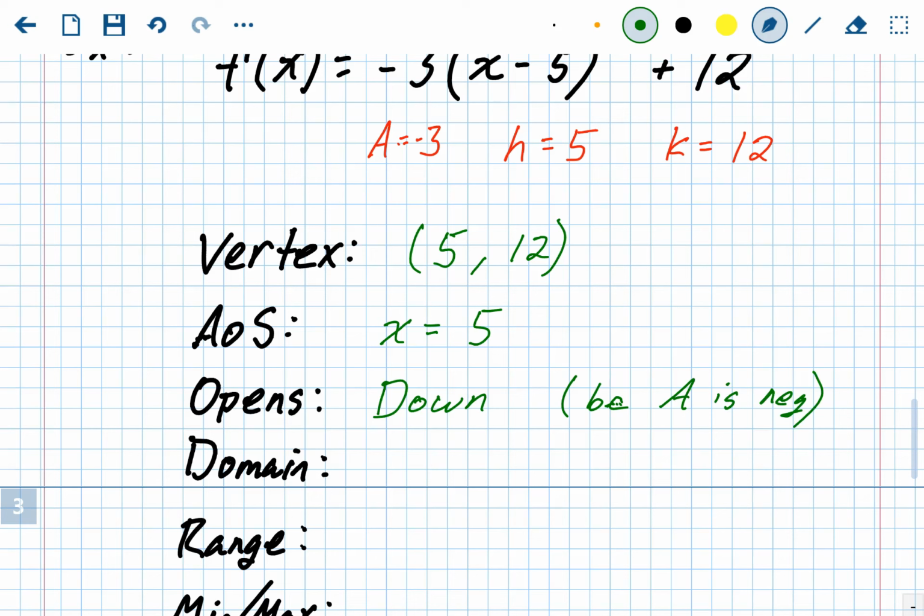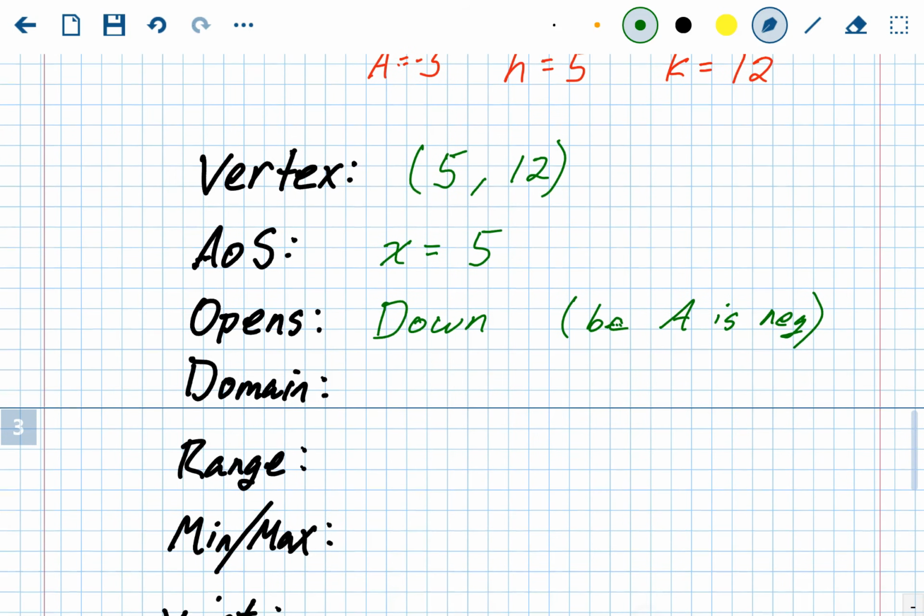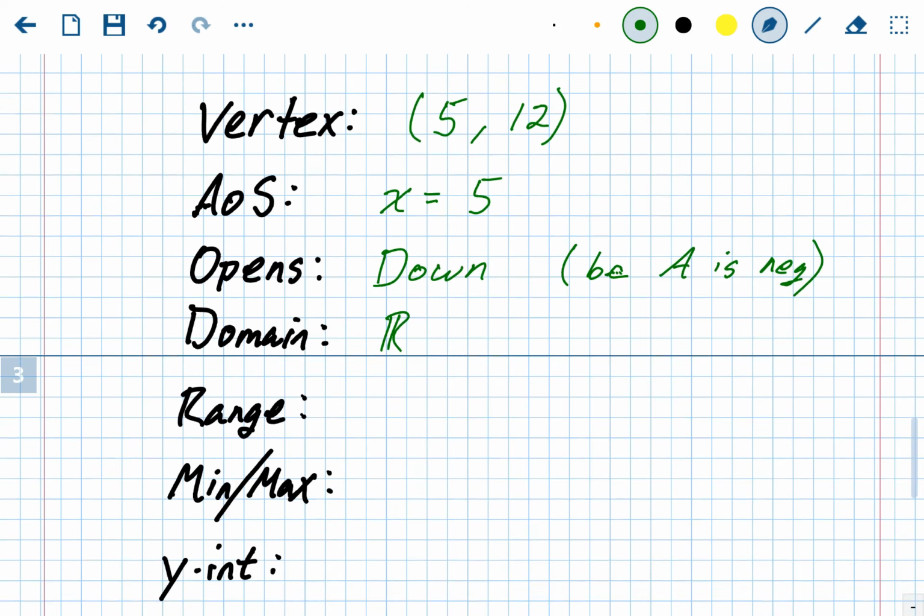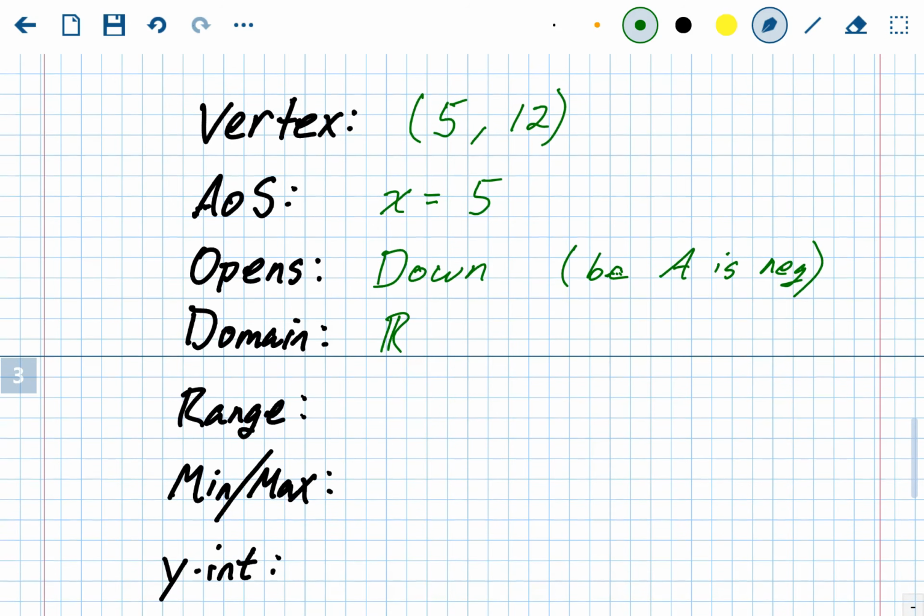The domain, again, for all quadratics, all functions that we do in Algebra 1, is all real numbers. You can plug any x value in and you're going to get a y value out. The range, okay, now maybe I should have done min or max first. Since our parabola opens down, the graph is going to look something like this.